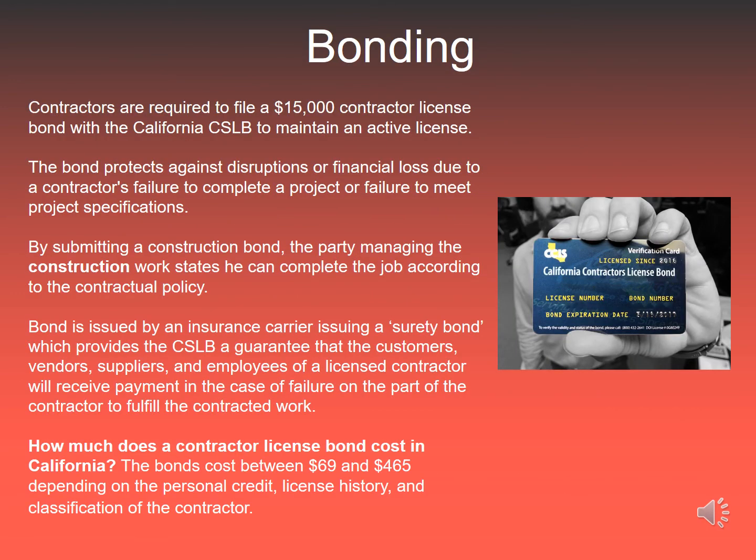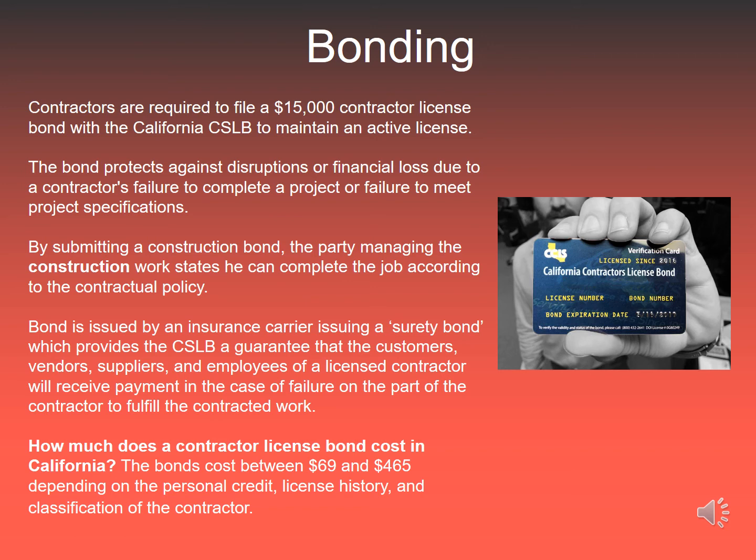What is a bond? A bond is basically like you're buying insurance from a company, what we call a surety bond from an insurance carrier, that will make sure that your clients and your vendors and suppliers and employees are paid in the case that you fail to fulfill a contract with a client.